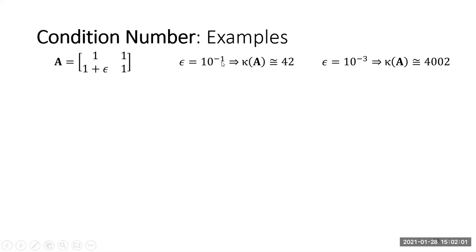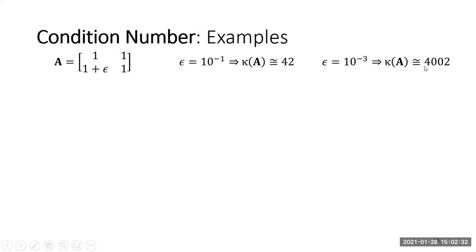Epsilon is 10 to the negative 1. So this matrix is close to singular. If epsilon was 0, this matrix would be singular, right? 1, 1, 1, 1. Now, epsilon being 10 to the negative 1 gives us a condition number of 42. What if epsilon is much smaller? What if epsilon is 10 to the negative 3? Then this matrix would look even closer to 1, 1, 1, 1, right?